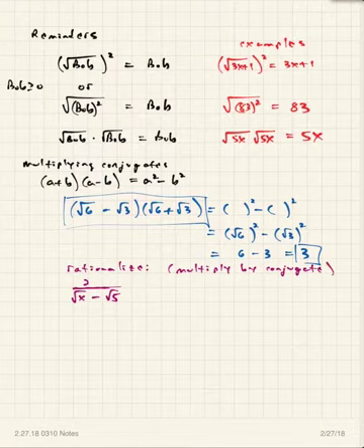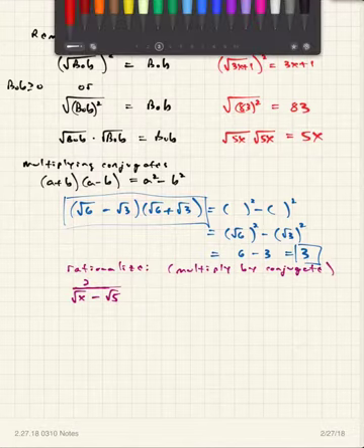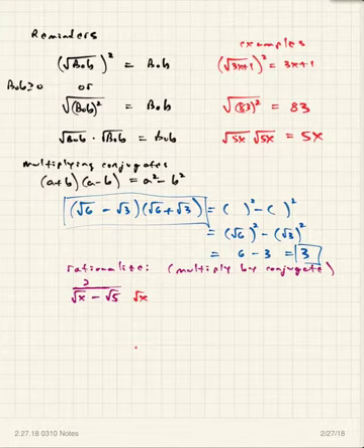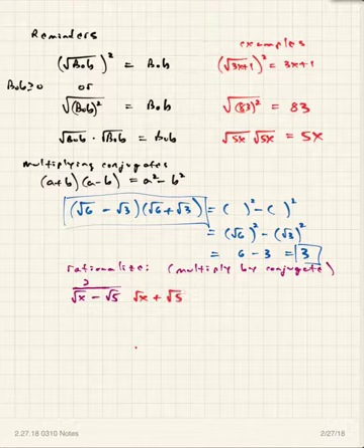And remember, you have to do that in both the top and the bottom. So multiply the top and the bottom by the square root of x plus the square root of 5, like that.